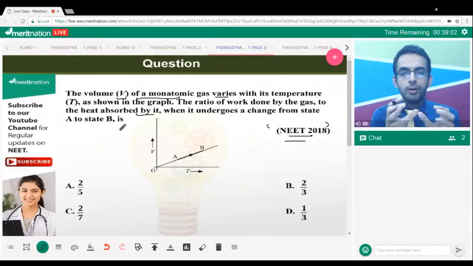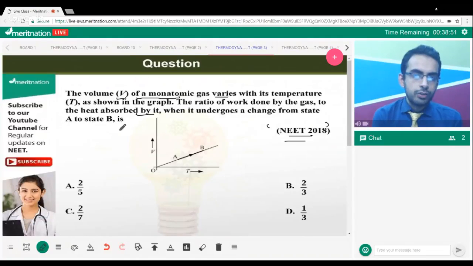First of all, dear students, please tell what type of process the gas is undergoing. What do you understand by the graph? It's a VT graph and it's a straight line passing through the origin. Isobaric.